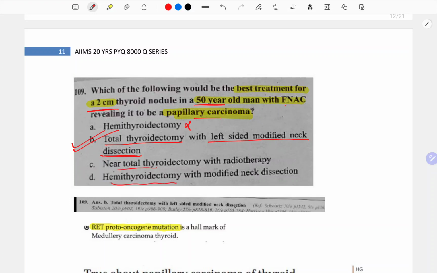We will do left-sided modified neck dissection, because they have not written anywhere that the cervical lymph nodes are involved. But in case they show that a certain level of lymph node is involved, then mark for total modified neck dissection.